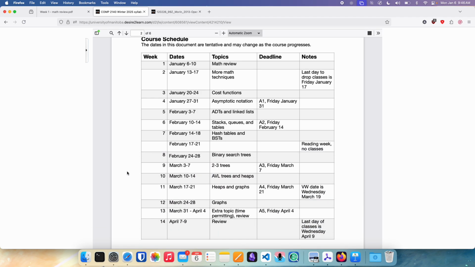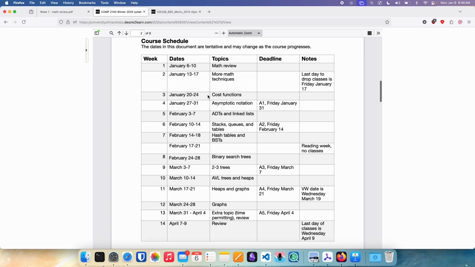There's a tentative course schedule. So right now we're in math review, and this schedule is subject to change, but the course is pretty thoroughly planned out. So this should be how the term will work.